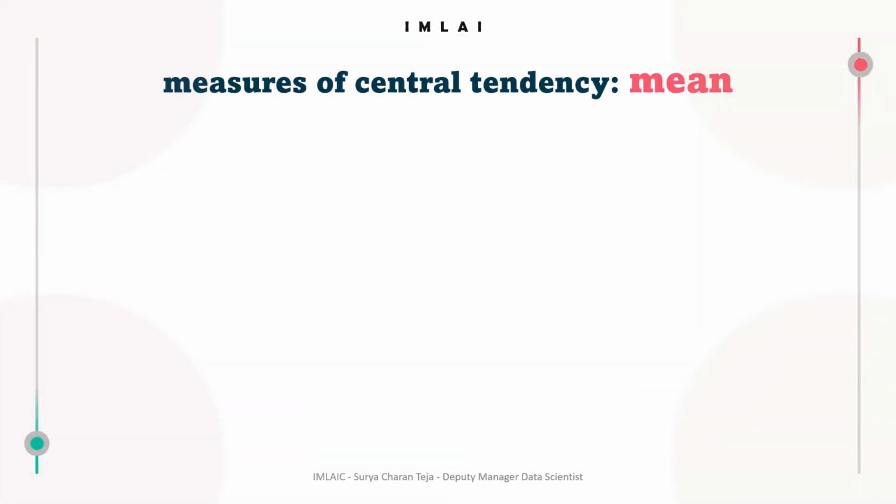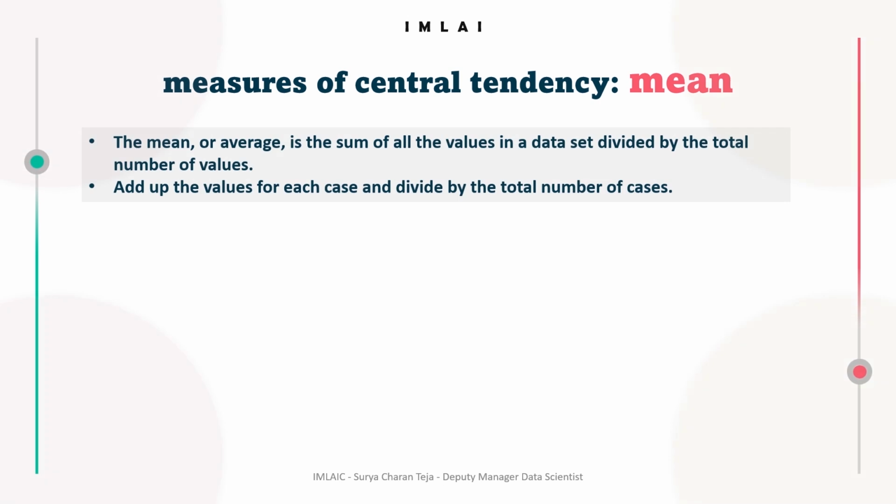So the mean is one of the central tendencies. The mean is the sum of all values in a data set divided by the number of values, or it represents the average value of the data set.